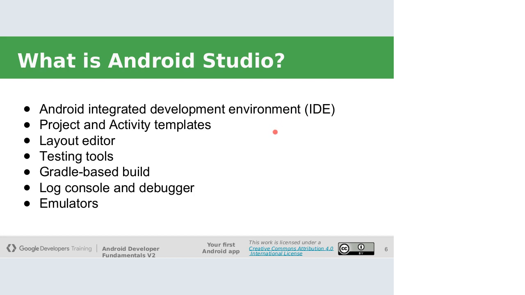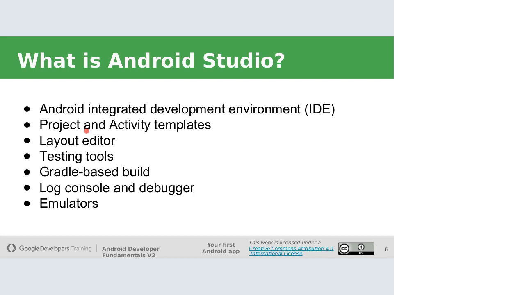There you have the text editor, the designer, the compiler, the debugger and everything. Android Studio also comes with project and activity templates. For example, if you want to add navigation to your app, there is no need of reinventing the wheel. There is a template.